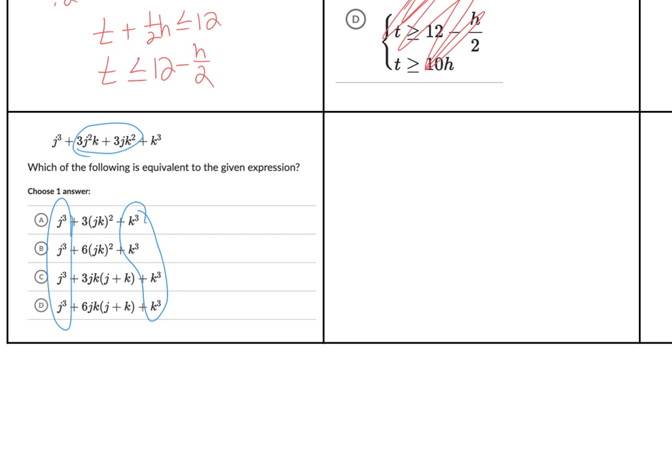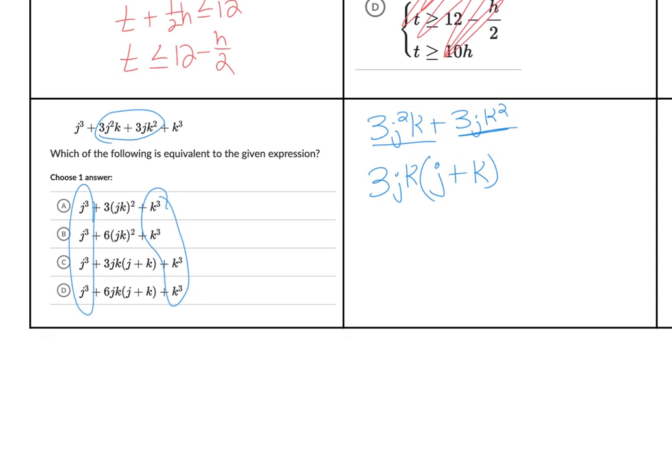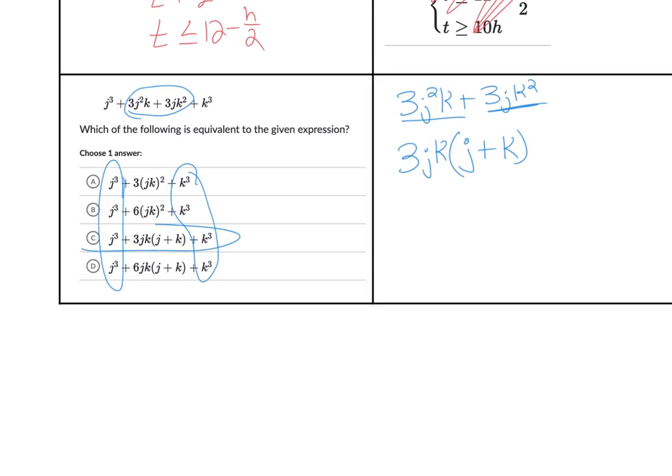So I'm going to take a look at this, 3j squared k plus 3jk squared. So there's a 3 and 1 j and 1 k. So if I pull that out, j's left on the first one. If I pull that out of the second one, I have a k left on the other one. So that corresponds to answer C. I don't know why they would be writing it like that, but we can find that that is equivalent.